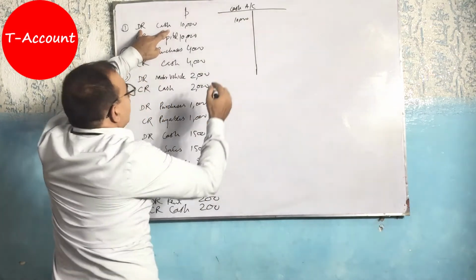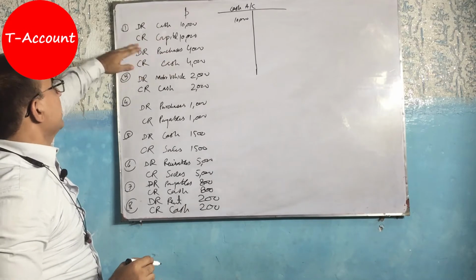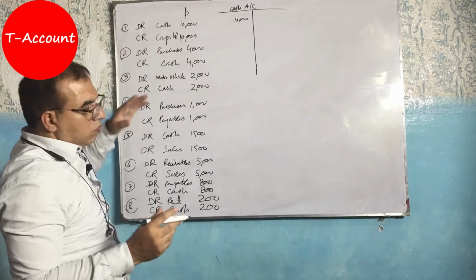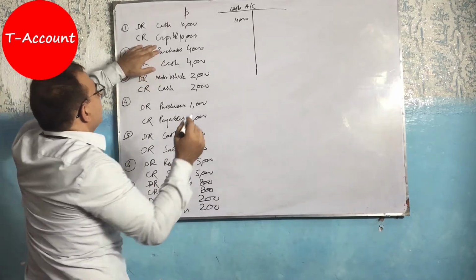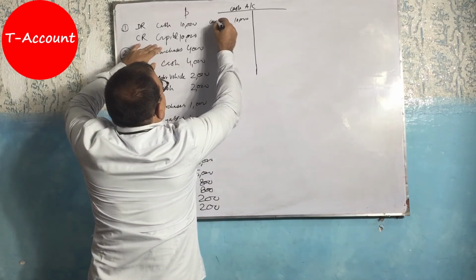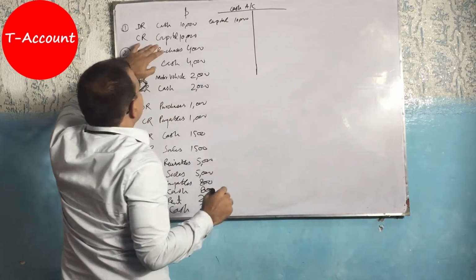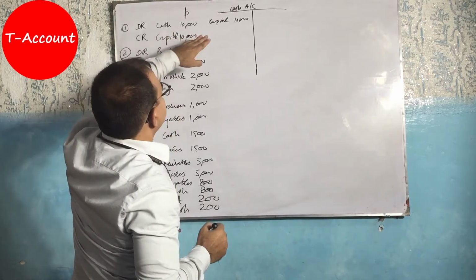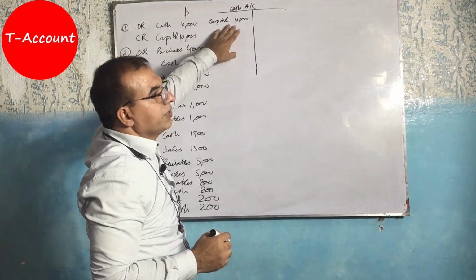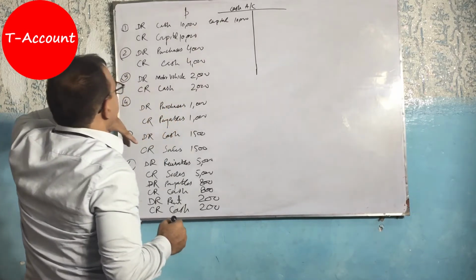Debit side. What are we going to write here? The other part of the entry, whatever is being credited against this, we'll write it here: capital. Don't forget, whatever is coming in the opposite entry, we'll write it here. It tells us cash is being debited with capital introduced.